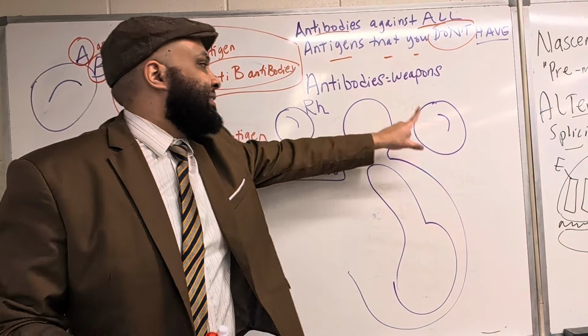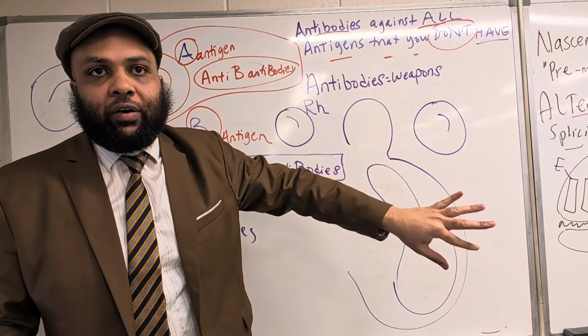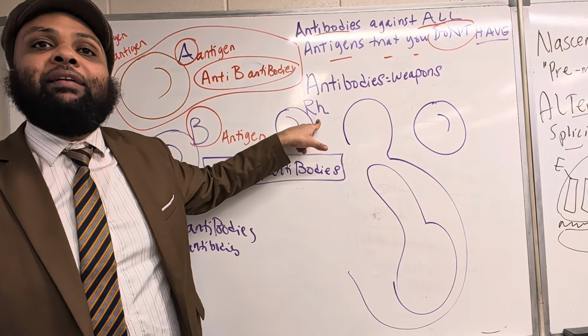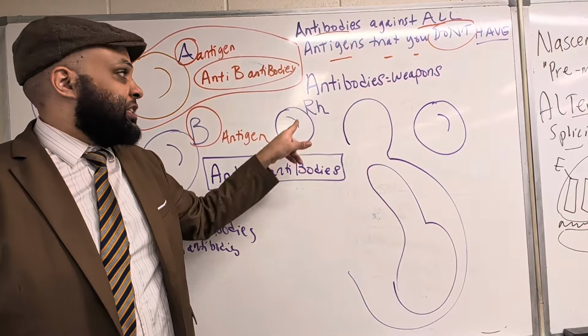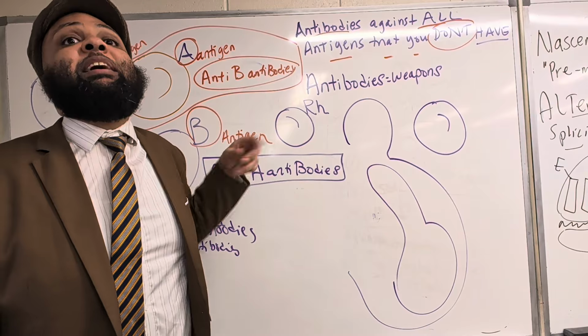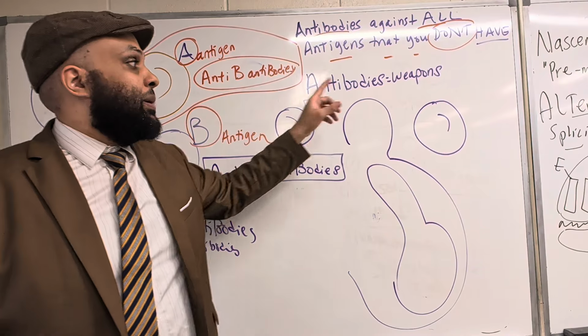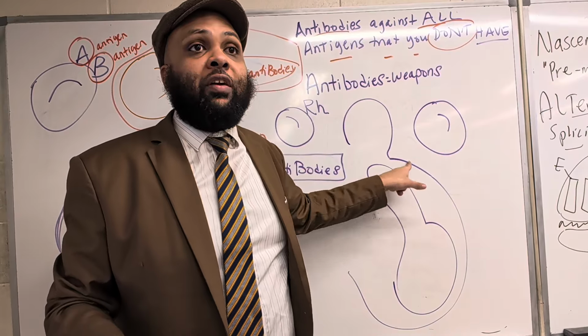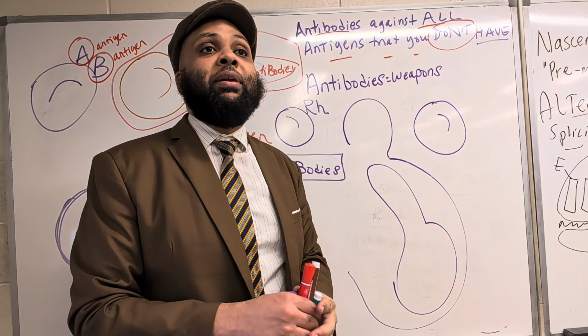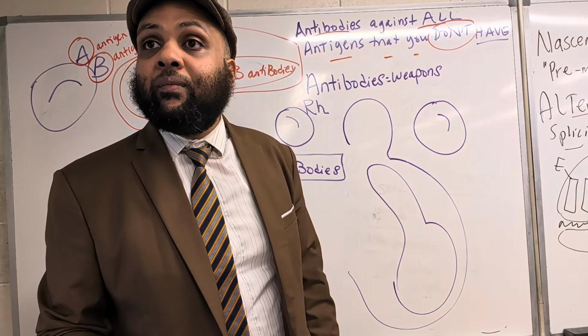You either have anti-RH or you don't. Does RH have anti-RH? No anti-RH, because if I have anti-RH antibodies, I'm going to kill myself. But this one doesn't have RH on the surface. So that means it will have RH antibodies.